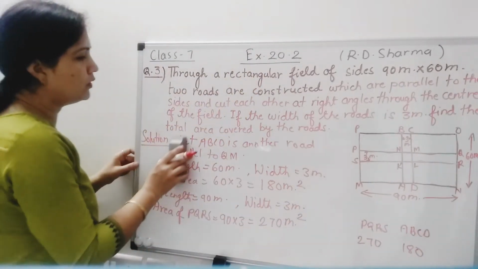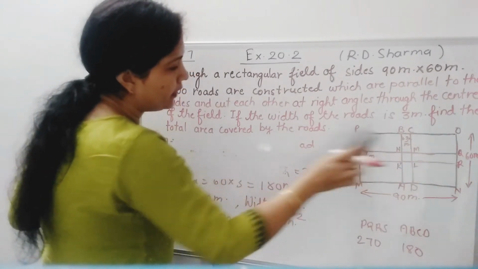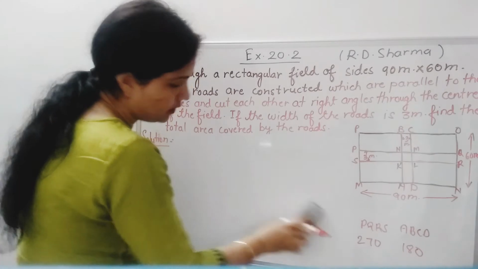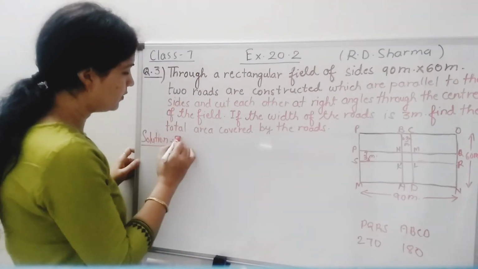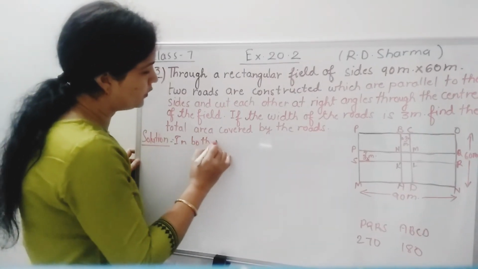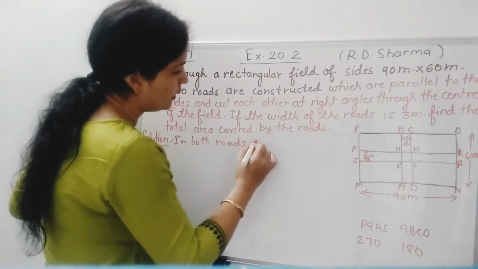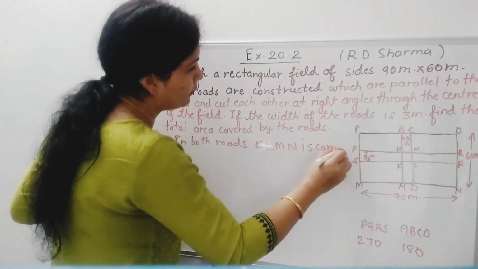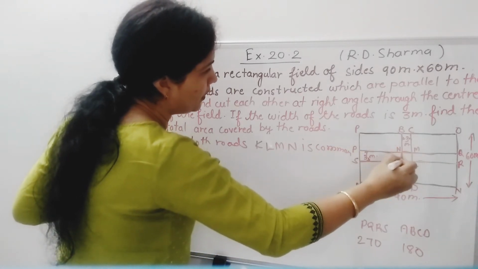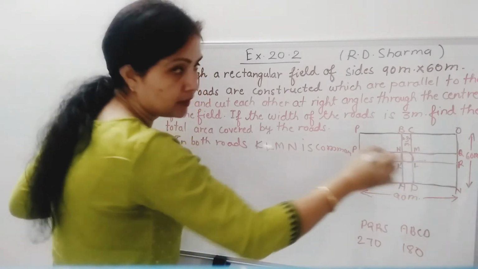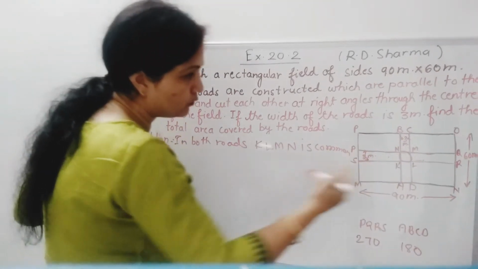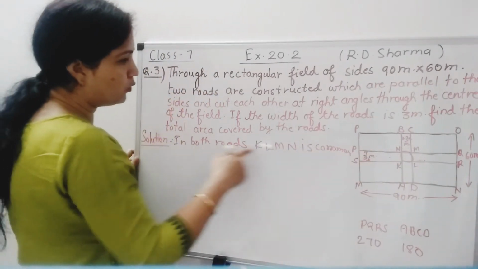Now we can see KLMN is common in both. So if we subtract the area of this common part, we will be able to find out the area of the roads covered.